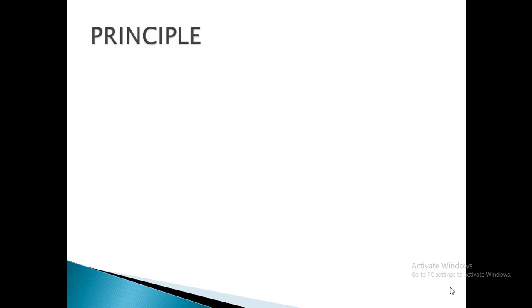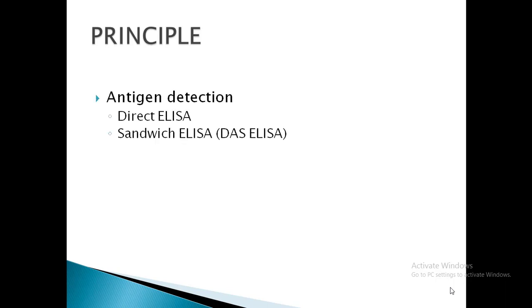So the principle, what is the principle of ELISA? It is based on antigen-antibody reaction. Based on that, we also have various types of ELISA. Now we can detect both antigen as well as antibody by ELISA technique.